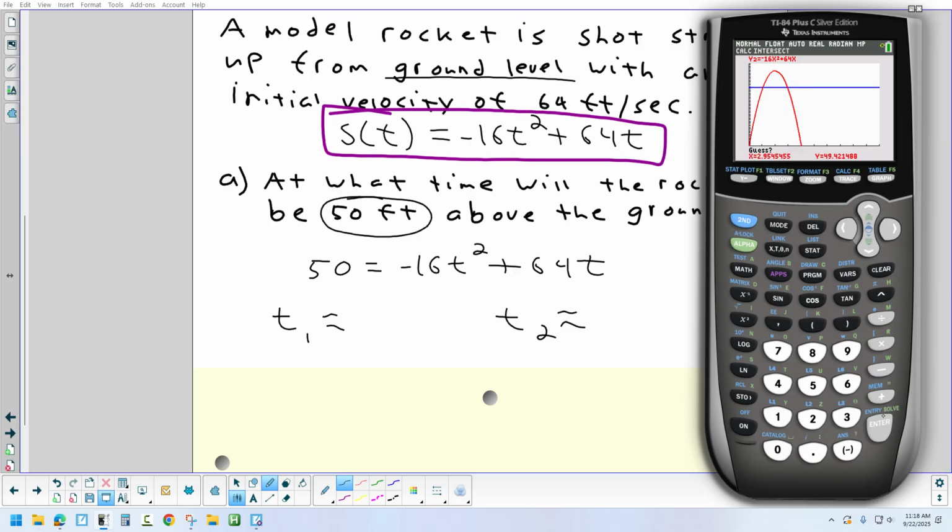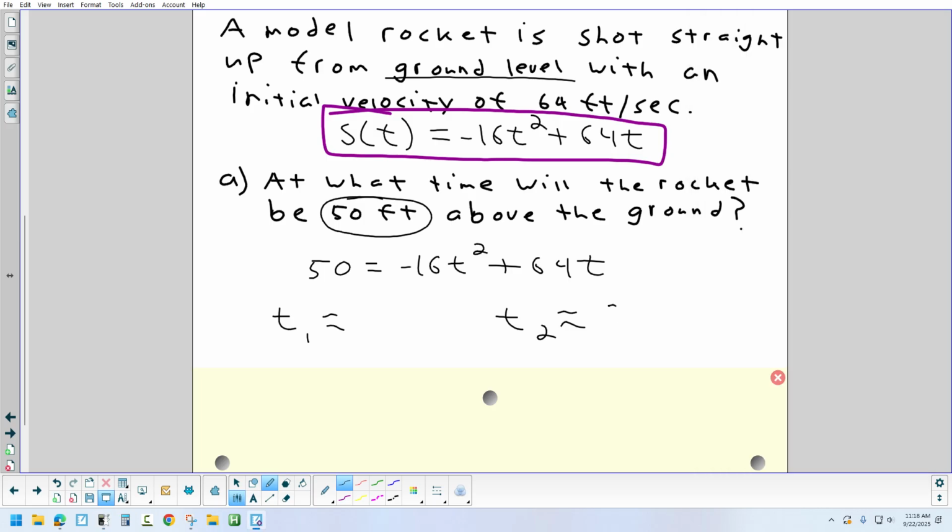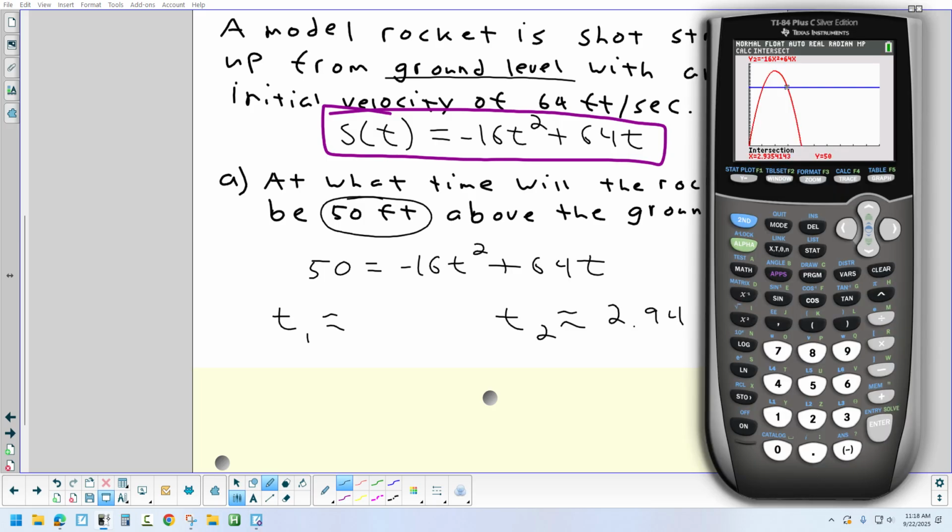Time 2 is at 2.94 seconds. And now we have to repeat that to do time 1. So second, calc, intersect. And move our cursor anywhere on the blue, that's fine. Anywhere on the red.